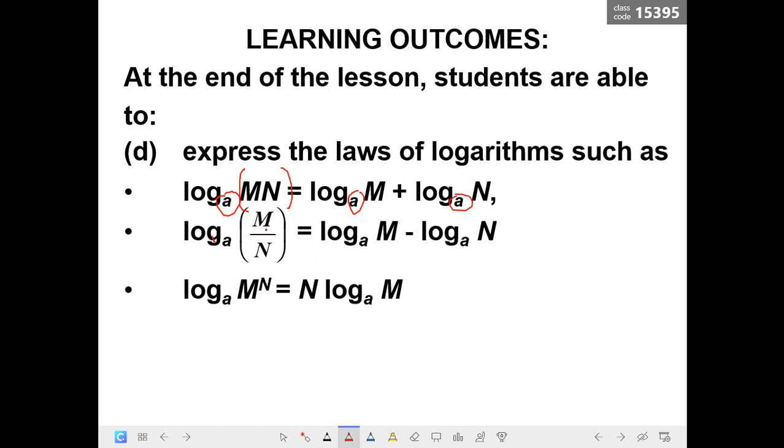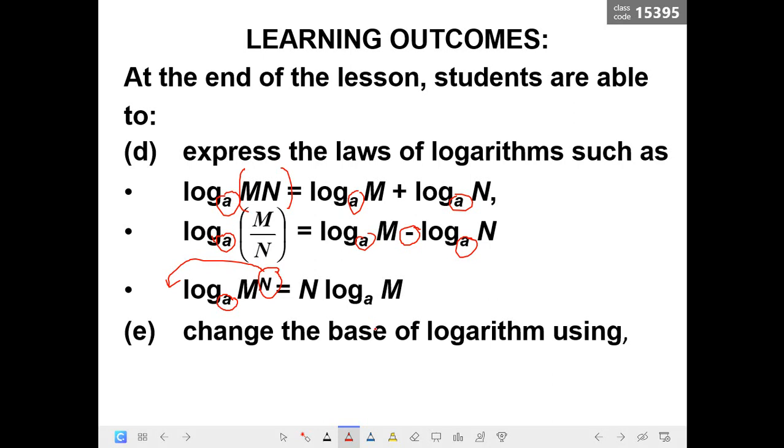Given that log m over n is equal to log m minus log n, the same base. And given that log m to the power n, base a, n can bring to the front so that it is n times log m to the base a.